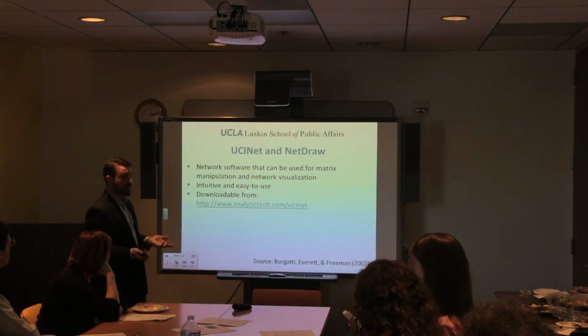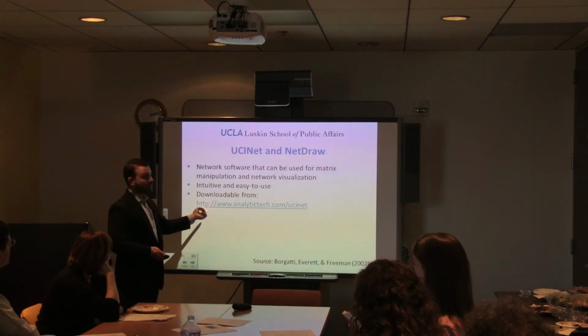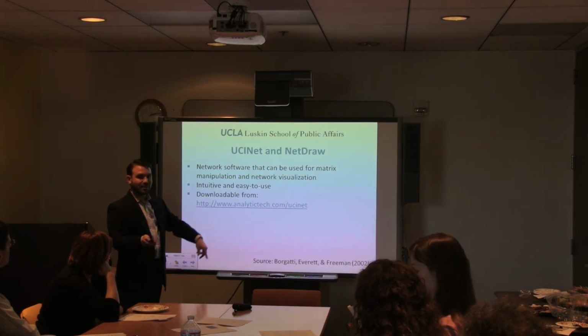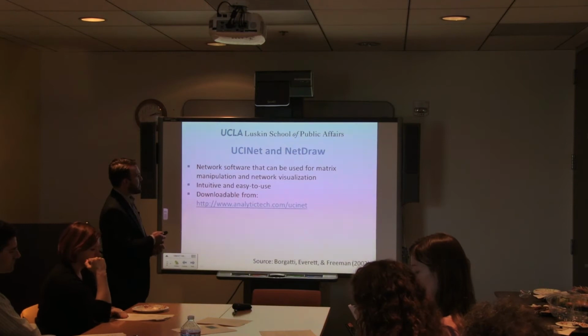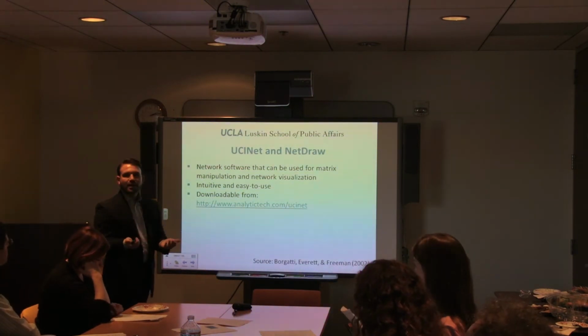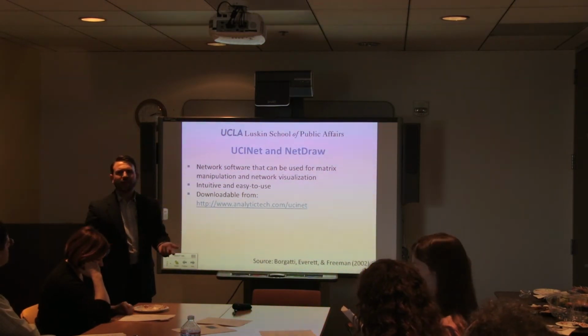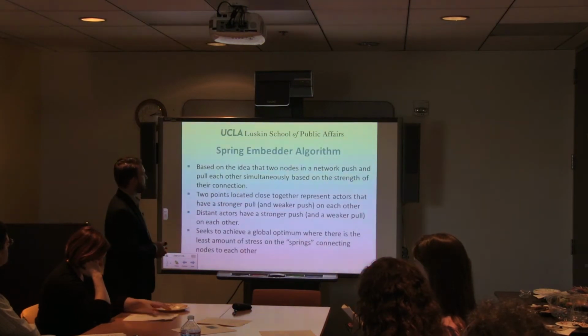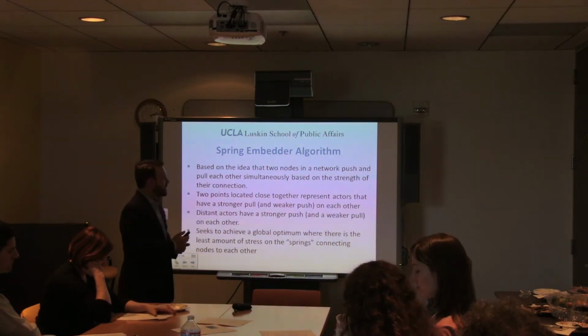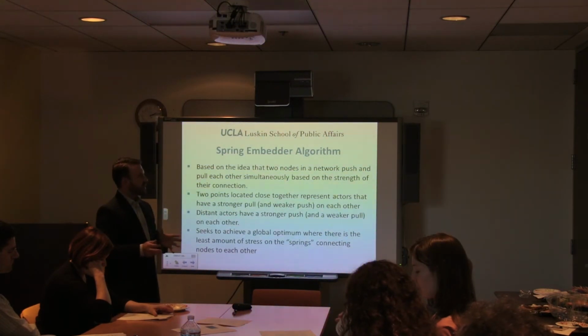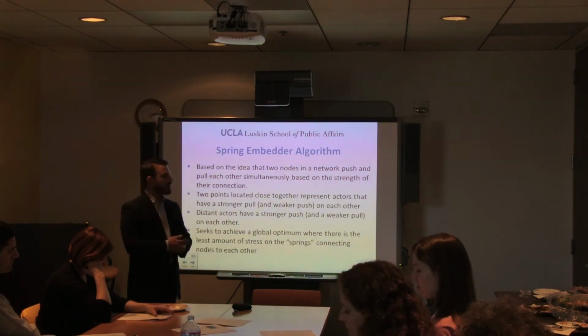It's pretty intuitive and easy to use. You can download it for free from this website, which should be in your handouts. You can get a free 30-day trial, and afterward, it's not much money to buy this program. So it's a good starting place if you're interested in network analysis.